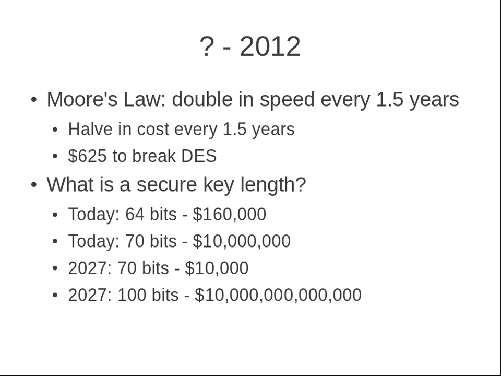So in the future, if we're using the same processing power, how much traffic they can break in 15 years' time is still going to be secure. So it doesn't take much to get a straight basic brute force attack.